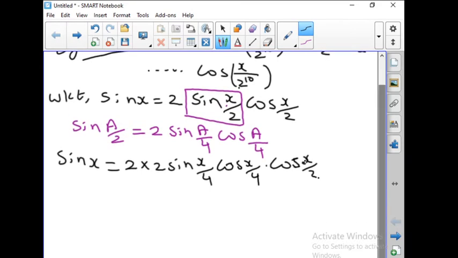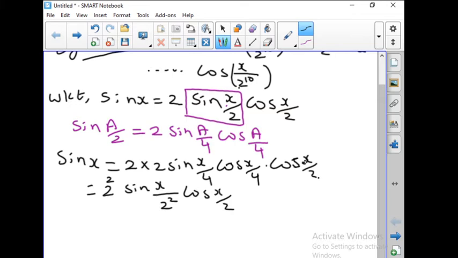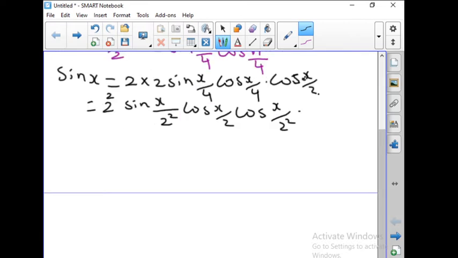It can be written as 2 square into sin (x by 2 square) into cos (x by 2) into cos (x by 2 square). Okay, we can write like this. So now again write sin (x by 4) by using the submultiple angle. What will you get? Sin (x by 8), cos (x by 8). 8 is nothing but 2 cube.